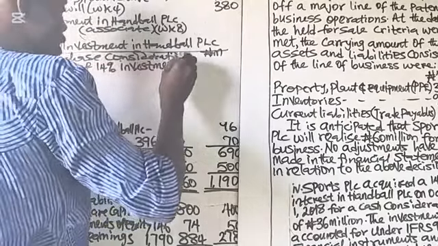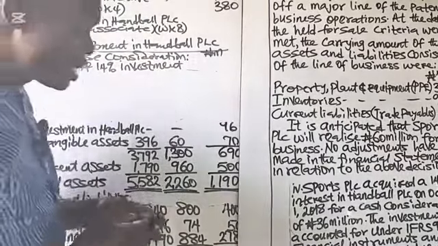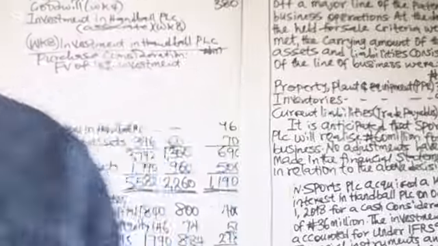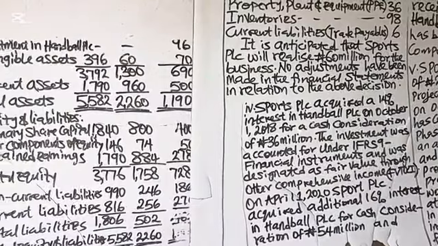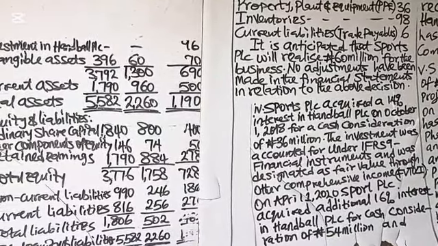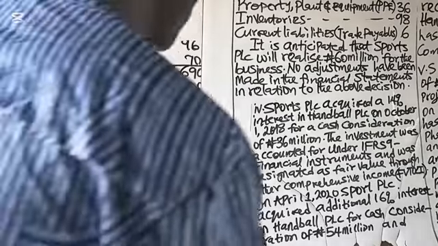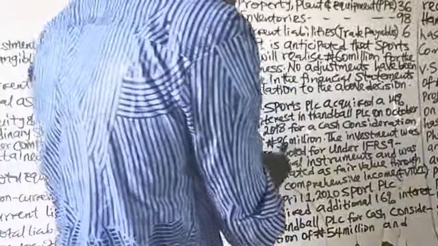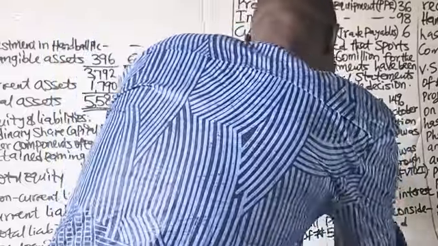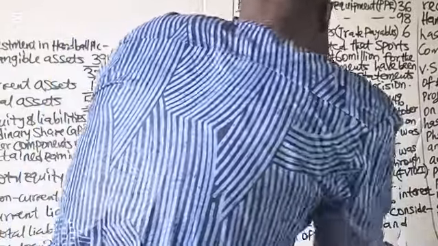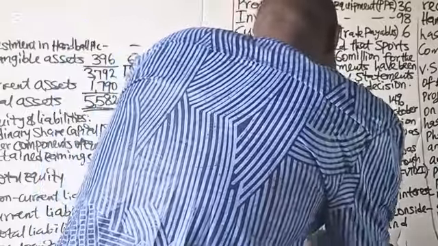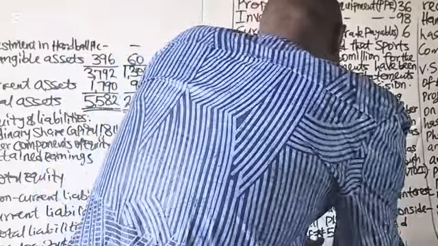I've told you what you need is not the cost, because IFRS 9 said that a financial asset should be recognized at fair value. This 36 million is not the fair value, it's the cost. How much is the consideration for this additional investment in Handball PLC? The cash consideration is 54 million.